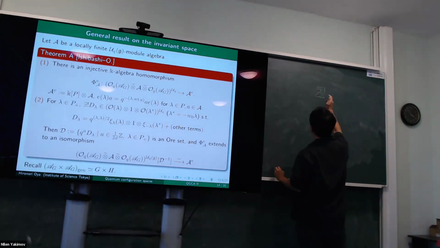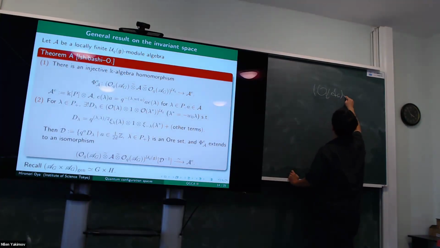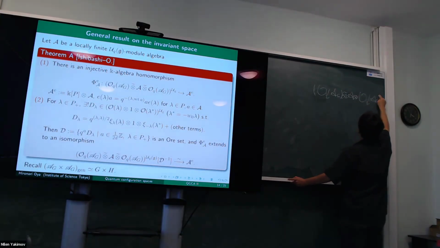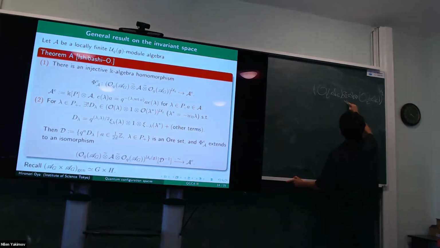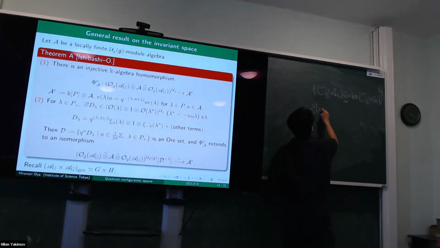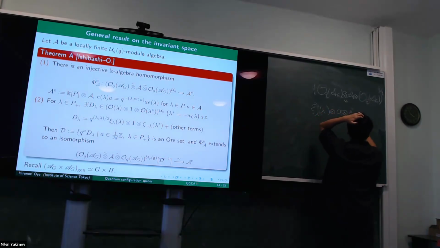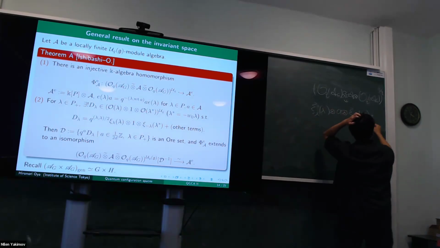So in general, the element of the space is in this space. And the other comments.